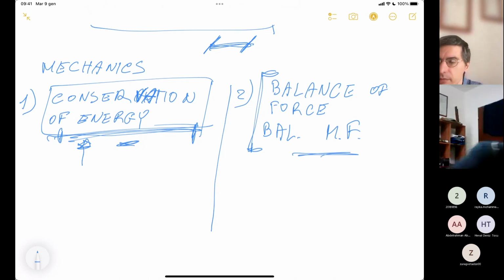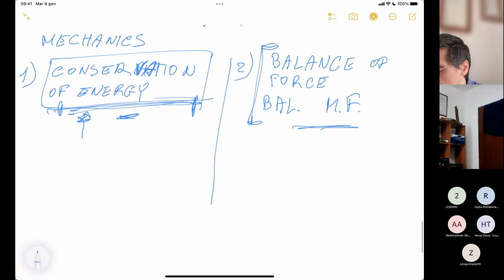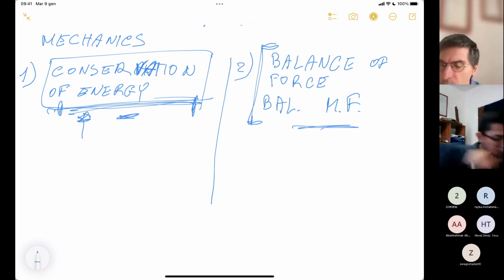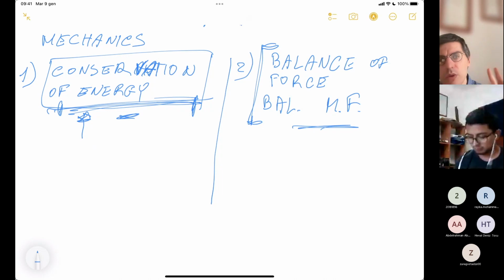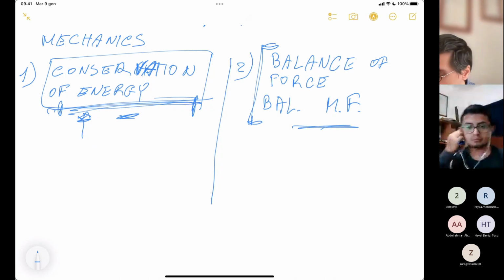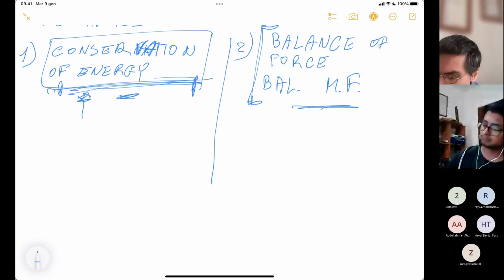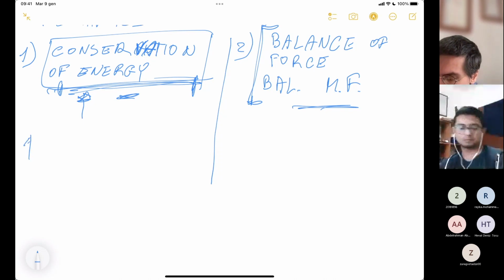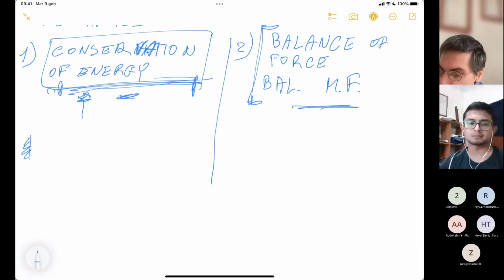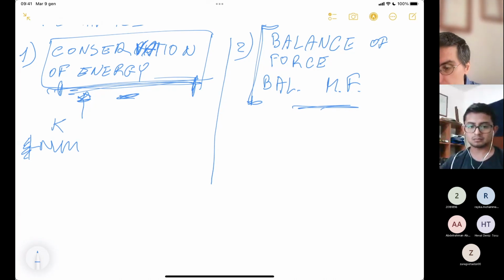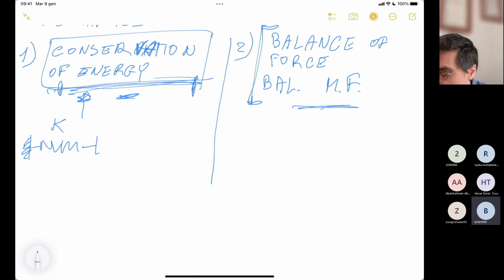Just now we have a few minutes remaining, so I want to underline what the first one means, and what the second one means, with a very, very simple example, so you immediately know what we are doing. Let's consider this simple model. We have a spring. Let's call this spring K. This spring is linked with a mass M on a plate.